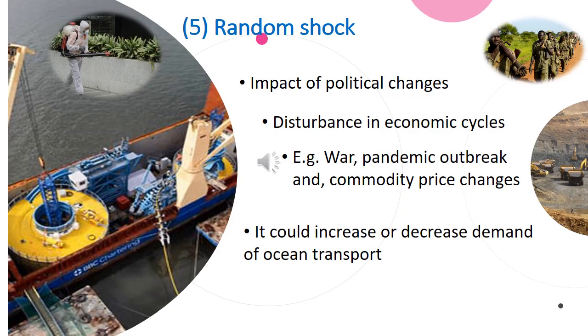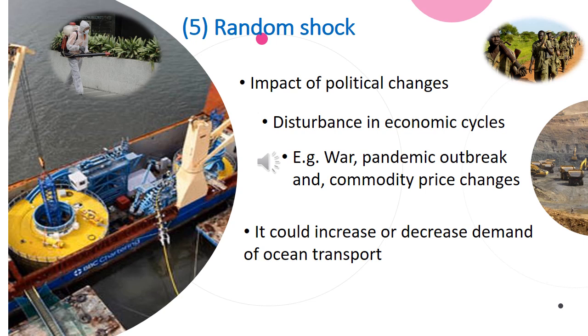The fifth variable that affected the demand of maritime transport is the impact of politics. This impact of politics is known as random shocks. Any random shock occurrence will disturb the economic system, and it may contribute to a cyclical economic process.